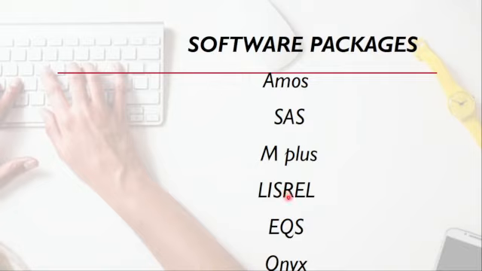Now, due to the increased popularity of SEM in many other fields of research, many software packages including EQS, Amos, SAS, Mplus and Onyx are available for researchers to carry out the related analysis. And Onyx, the last one, is a free package that is available for researchers to download and to analyze sophisticated theoretical models of complex phenomena.